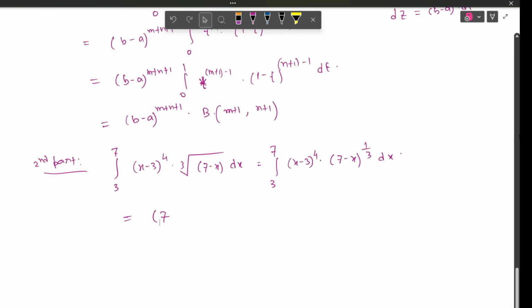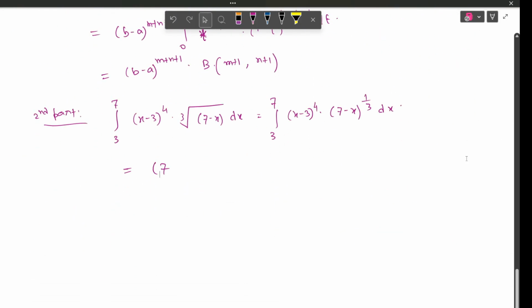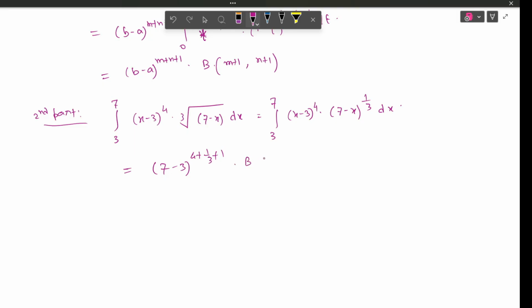in this format. So comparing with this, we can say that b minus a is your 7 minus 3 to the power m plus n plus 1. So m is 4 and n is 1/3. So this should be 4 plus 1/3 plus 1 and beta of m plus 1, that is 4 plus 1, and n plus 1, that is 1/3 plus 1.